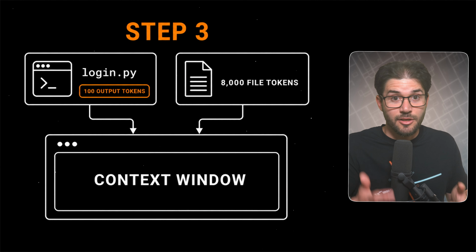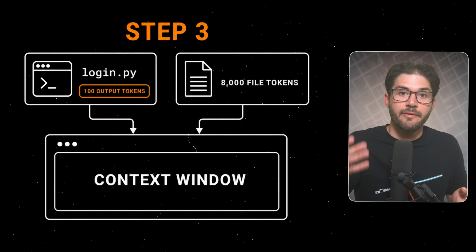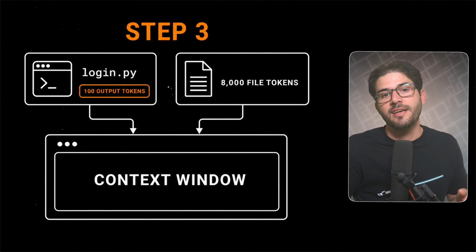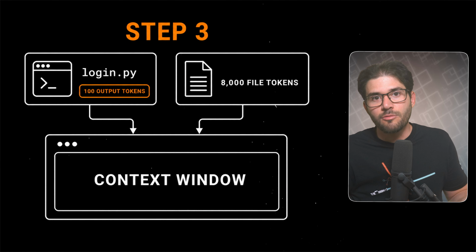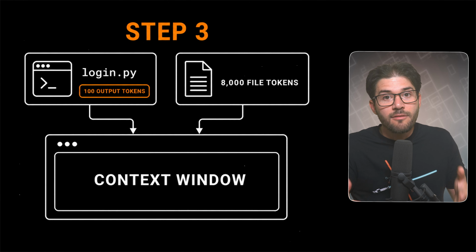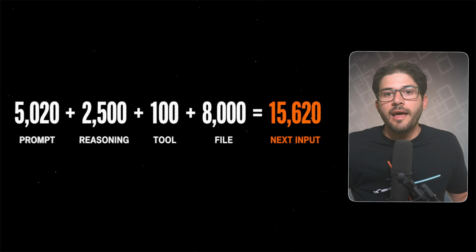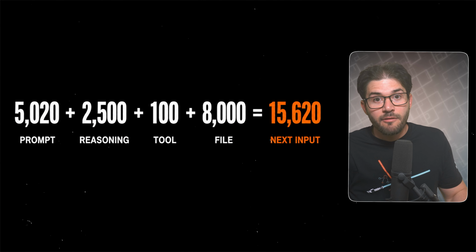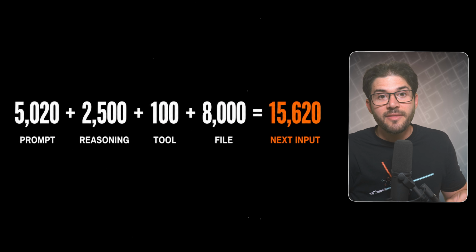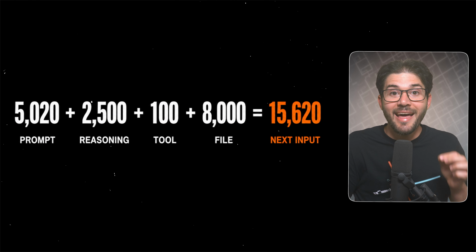The system executes the call and dumps the file's content back into the context window. Let's say the file content is 8,000 tokens. Now, for the next step, the model must reread everything.